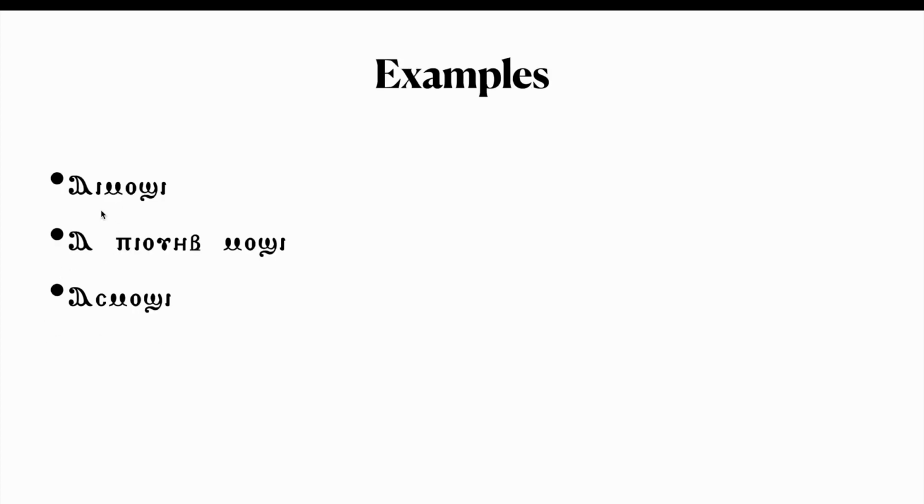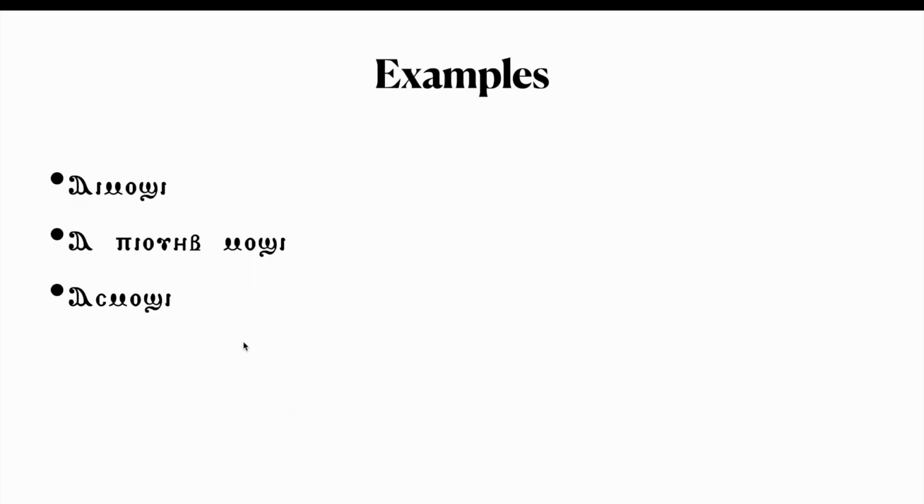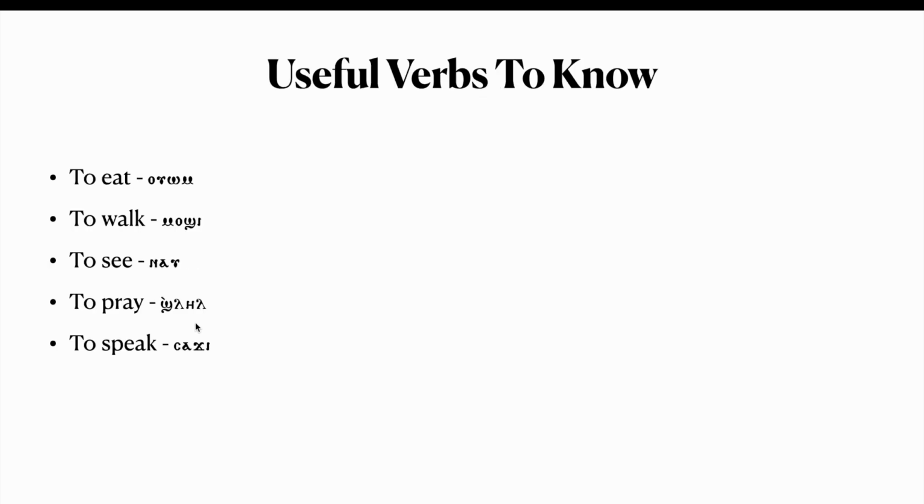What this would be is alpha, which is the verb tense, so this is past tense. Bioweeb, the priest. Moshi, walked. So the priest walked. Then finally, us moshi. If we go back here, alpha, verb tense. Sima, that's going to be third person feminine, so she. And then moshi, which is walked. So us moshi is she walked.